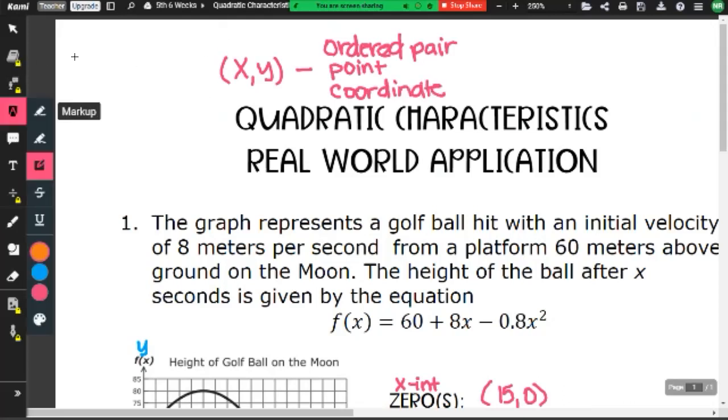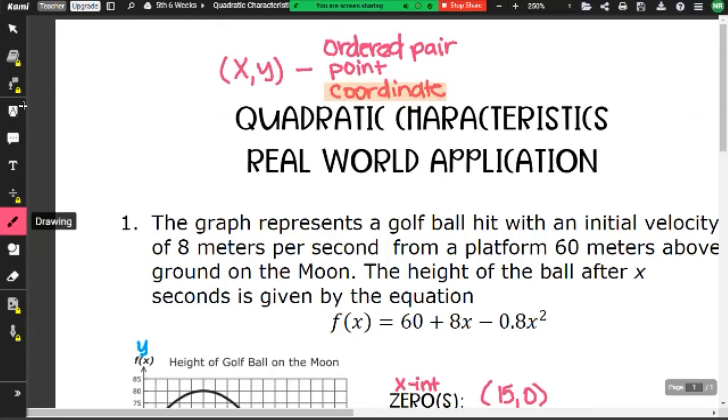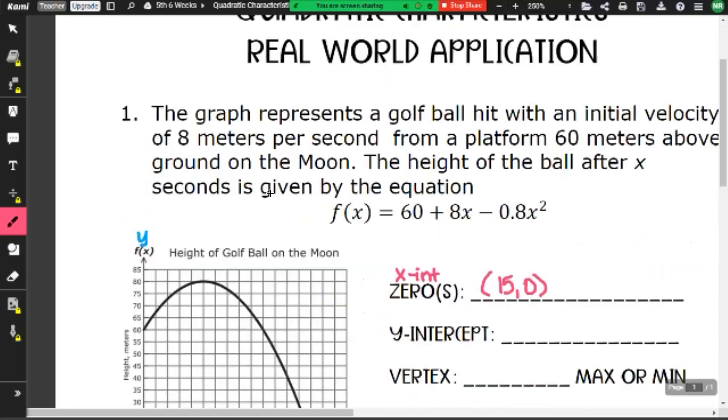Coordinate. And coordinate is a word that you're going to see a lot on your assignment today. I've had a lot of x equals something when it clearly says what is the coordinate for the x-intercept? What is the coordinate for the y-intercept? Coordinate, they're asking for the ordered pair. They're asking for the point. You have to give me an x and a y value, not x equals, okay?